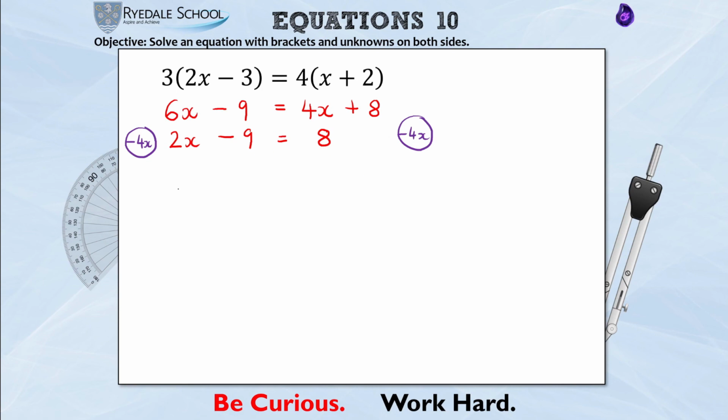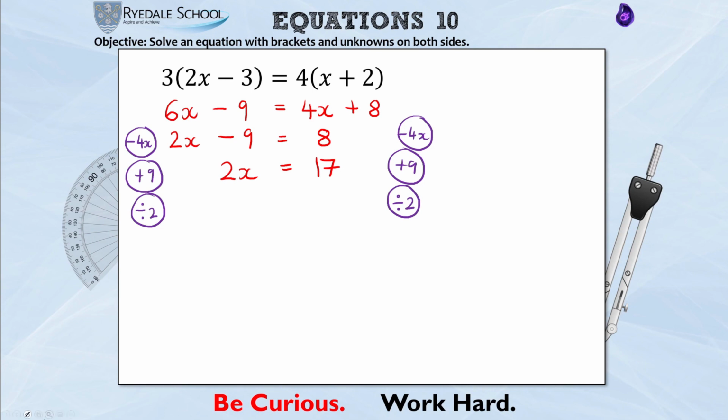I need to do the inverse of take away 9, which is add 9. When I add 9 to both sides, remember that will get rid of the take away 9, and I will just have 2x's left and 17. So my final step, if I have 2x's, is to work out what x is by dividing by 2.